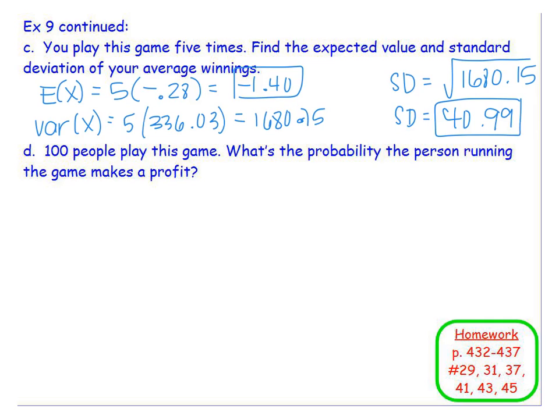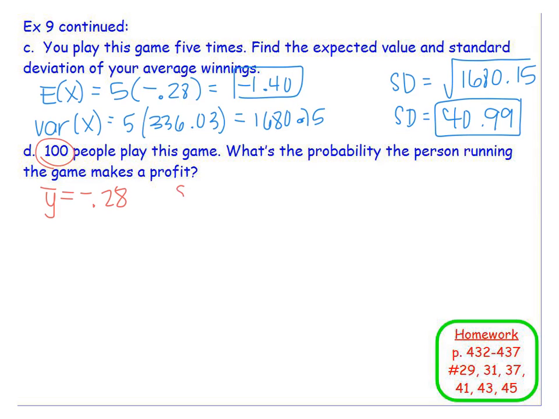But that's just us. So now we're going to look at the concept of a sample. 100 people now play this game. Bam. There's our sample size. What's the probability that the person running the game makes a profit? So we'll come back to that. So we now have a sample. This is where we need to calculate a sample mean and a sample standard deviation. Nice thing is, the sample mean is the same mean as the original problem, which is negative 0.28.